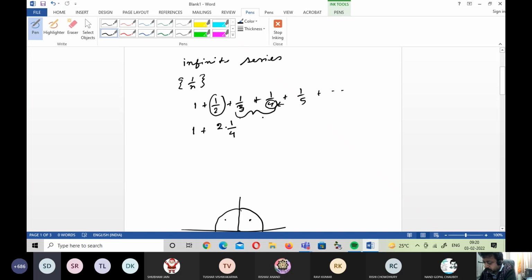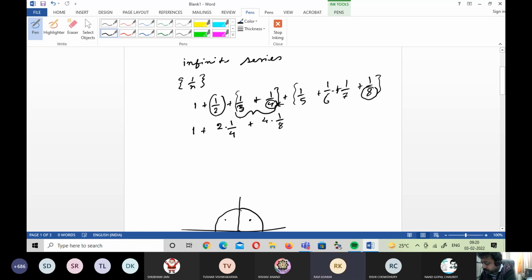Yes, sir. Because of the summation of these two. Then similarly, 1 by 5, 1 by 6, 1 by 7, 1 by 8. Here 8 is the highest denominator, so this is greater than 4 into 1 by 8.